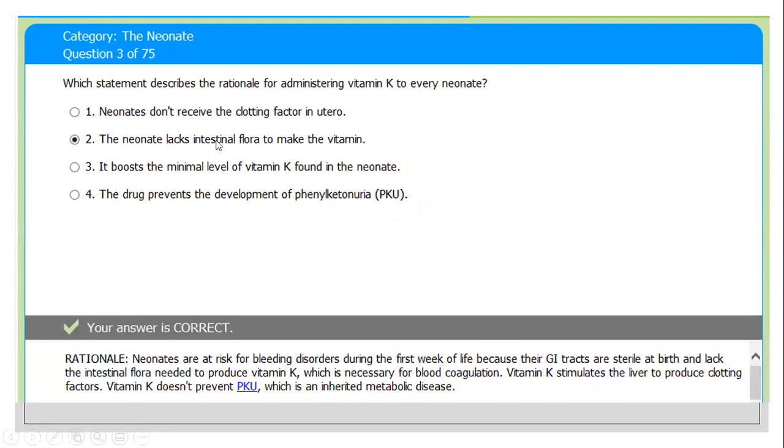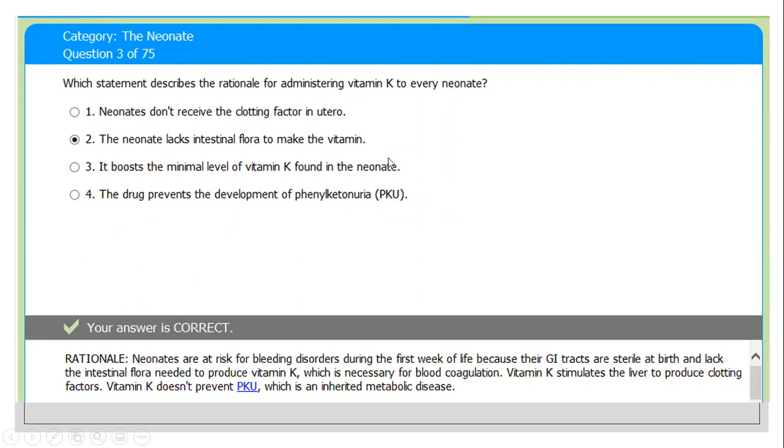Neonates lack the intestinal flora to make vitamin K, right? So why do you give vitamin K to your neonate? Because their gastrointestinal system is sterile, right?